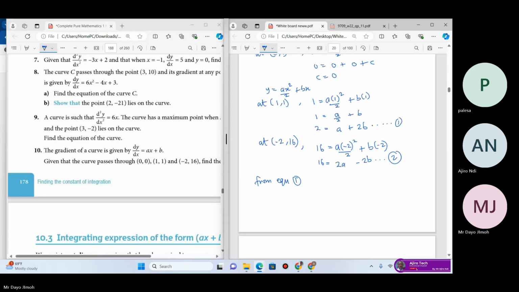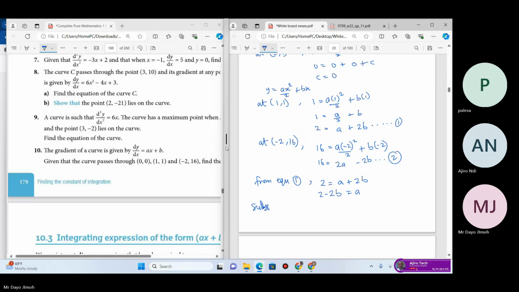Okay. Now, from equation 1, I will solve for A. I have 2 equal to A plus 2B. So I'll take this 2B across. So 2 minus 2B is equal to A. Yes. So now put this value for A in equation 2.